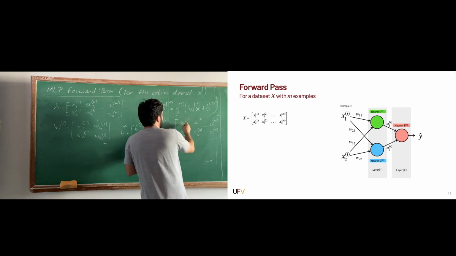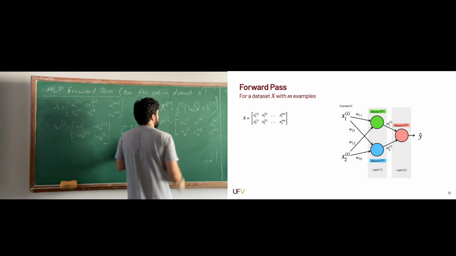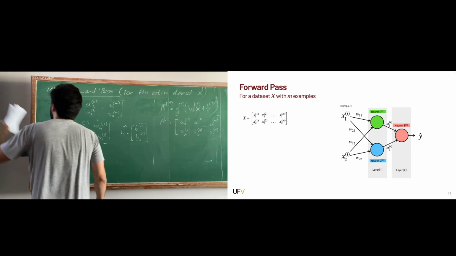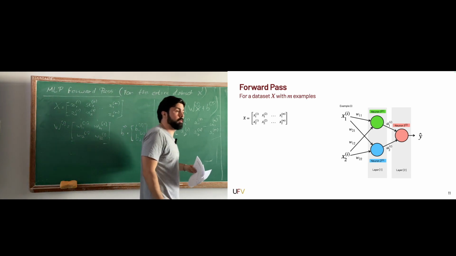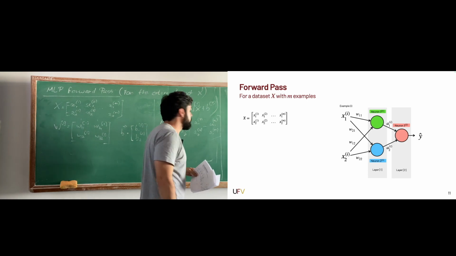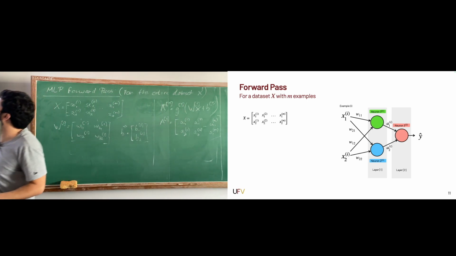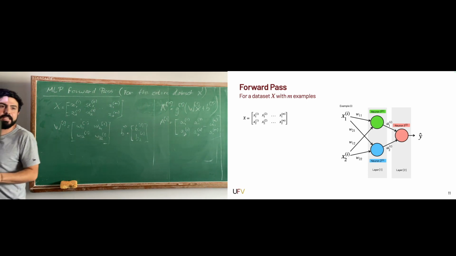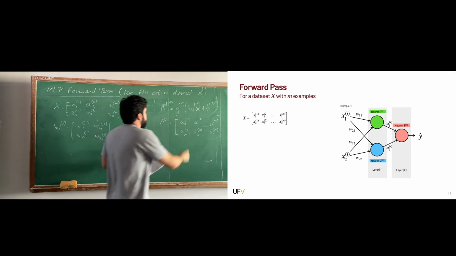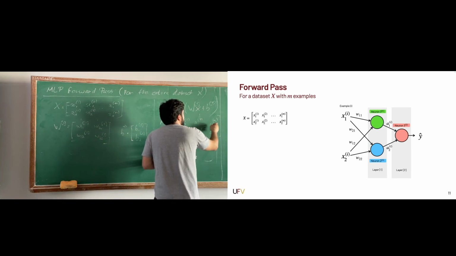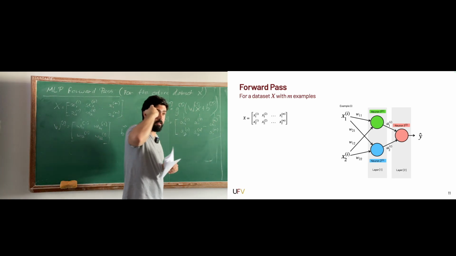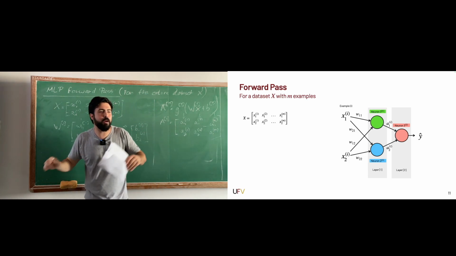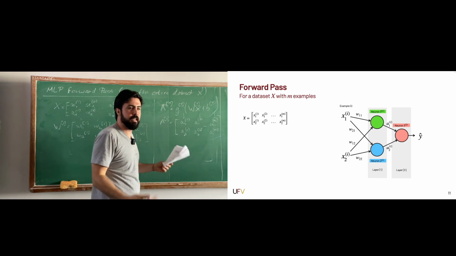So remember, I have two activations per example. Each example i is going to give me a pair of A's. So here I have example 1, example 2 activation, example m activation. So I'm processing the whole data set at once.